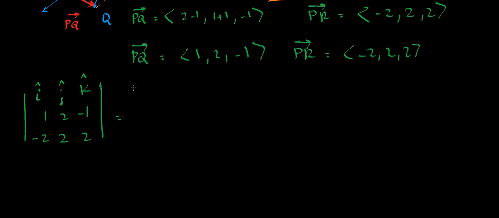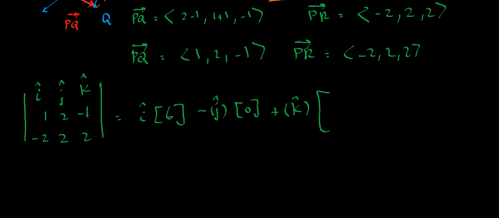So computing the determinant, I would get i, cross the row and the column, get 4 plus 2, which is 6, minus j, cross the row and the column, I get 2 minus 2, which is 0, plus k, cross the row and the column, I would get 2 minus negative 4, which is just 6. So I get 6i plus 6k, and this would be your vector.